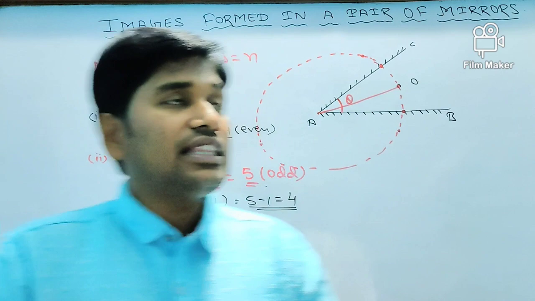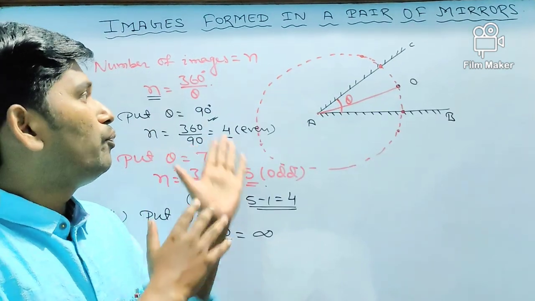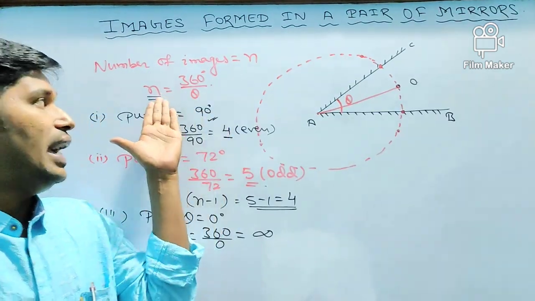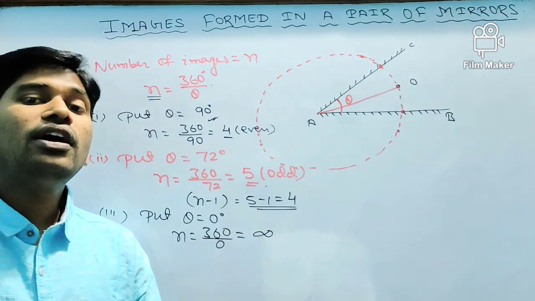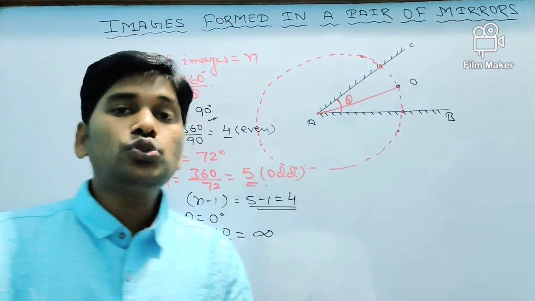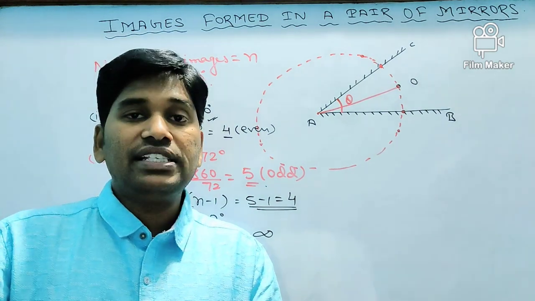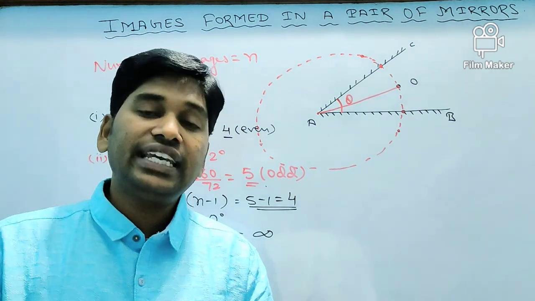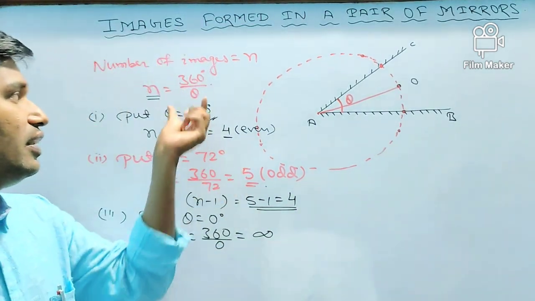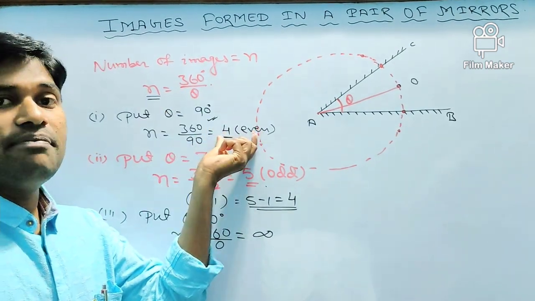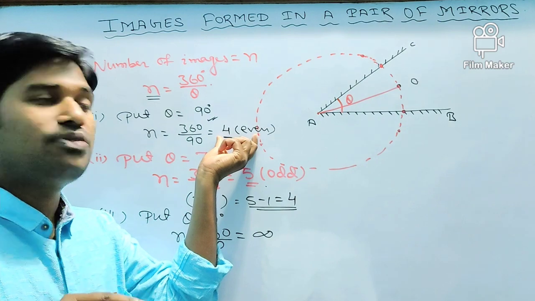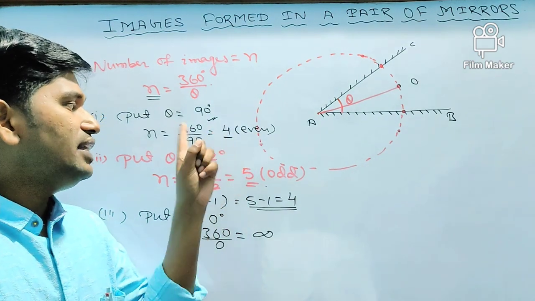So these are the formulas, that means n is equal to 360 by theta. This is the formula we can use to find the number of images. But we have to take care that if the value we are getting is an even number, then the number of images will be even minus 1.